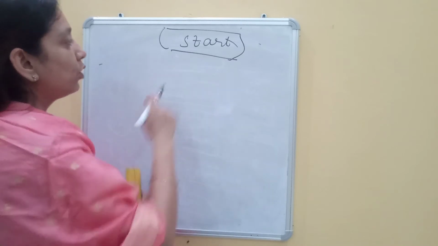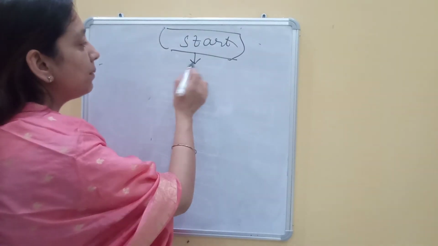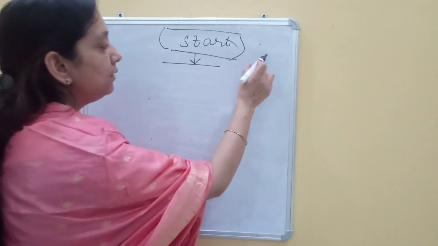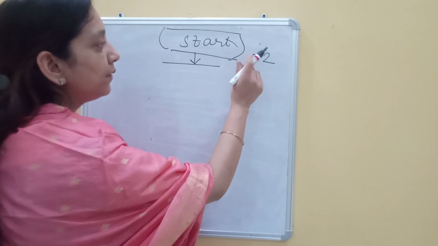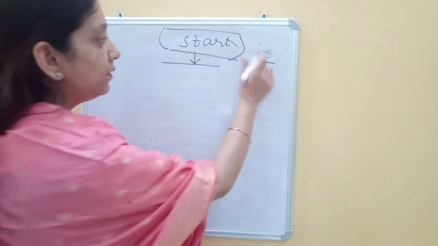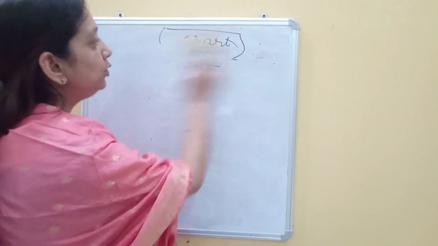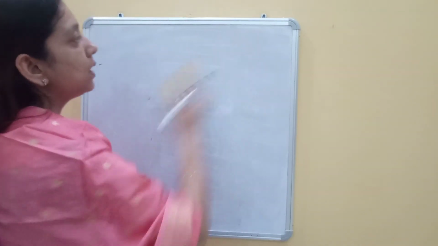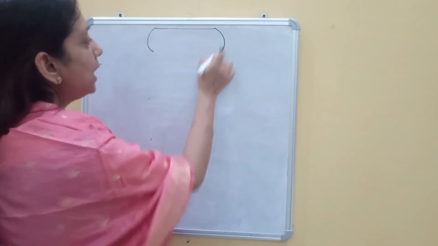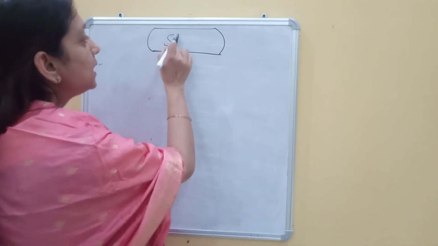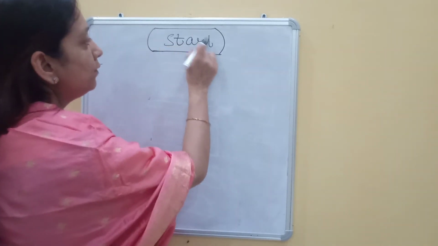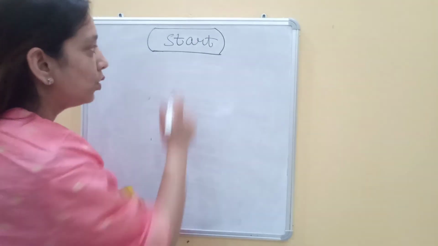Now next, what will I do? The even number always starts with 2. Yes, an even number always starts with 2, so I don't need to take the value of the first even number from the user, because I know by common sense that an even number always starts with 2. Okay.